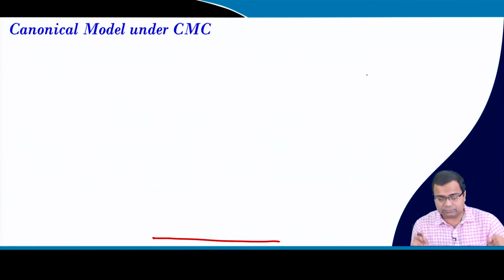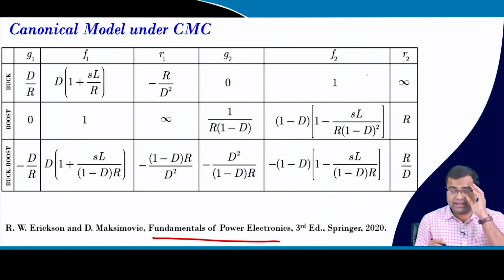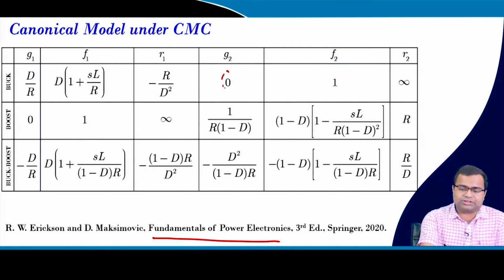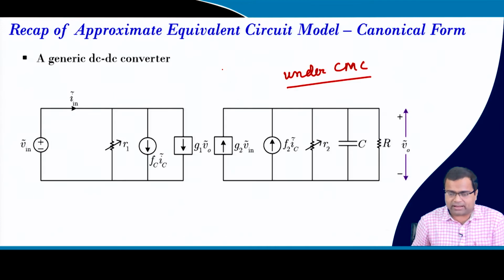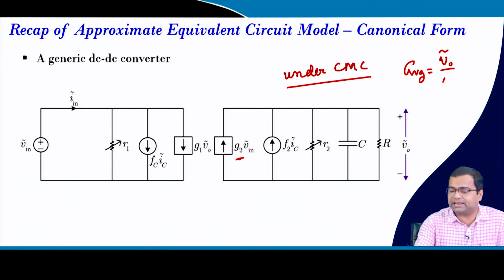Now, you will find this G2 is 0, and this G2 is linked with input voltage. That means for a buck converter with this approximate model, if you try to derive audio susceptibility GVG, which is V0 by Vin, it will be simply 0, because G2 equals 0.